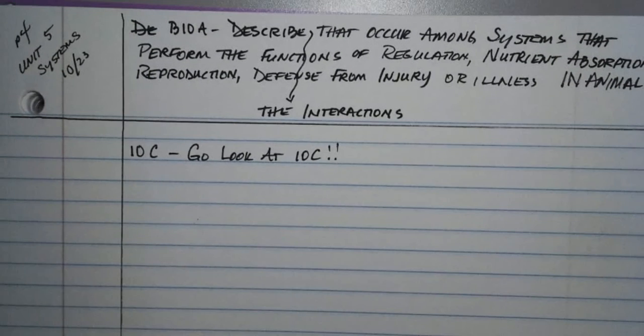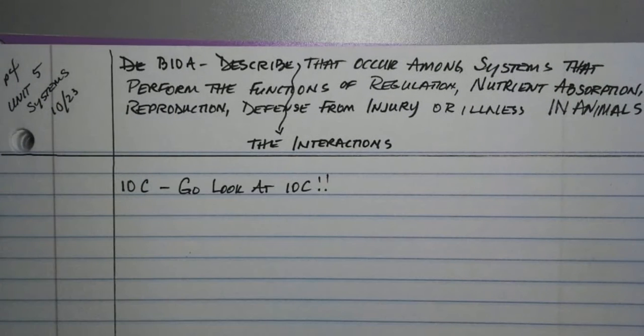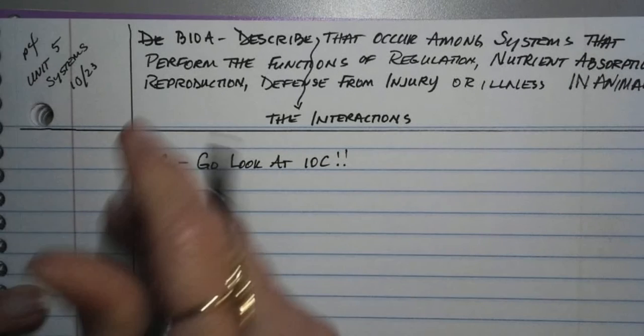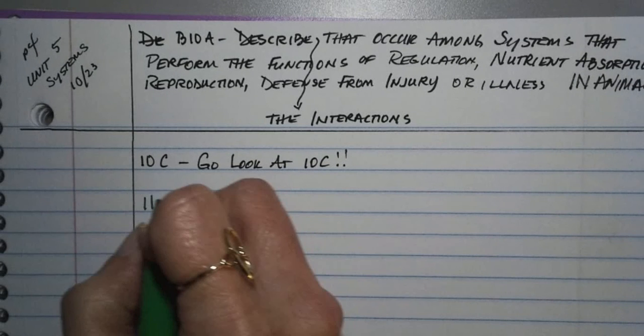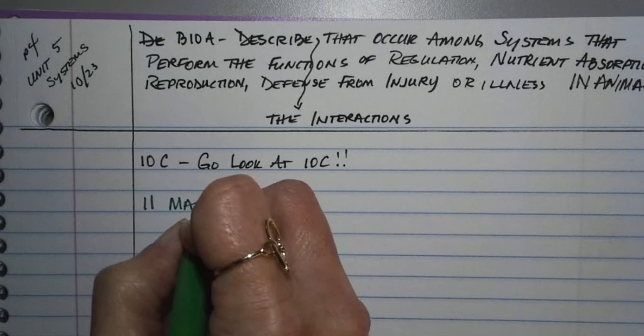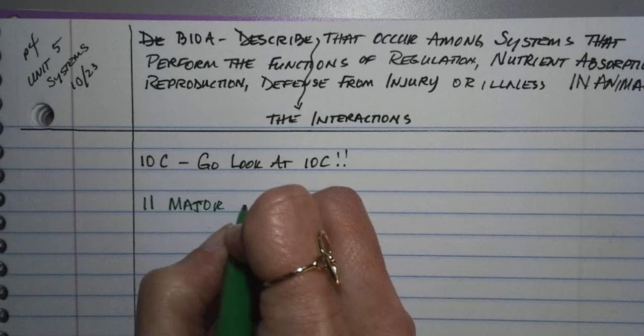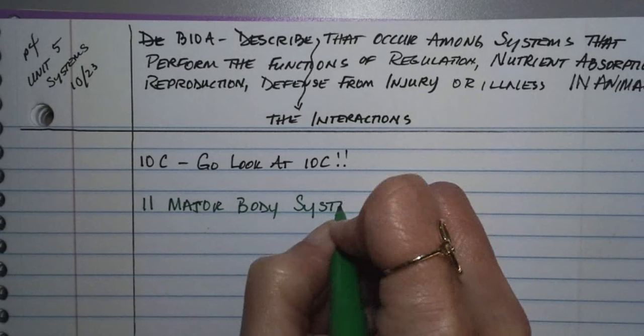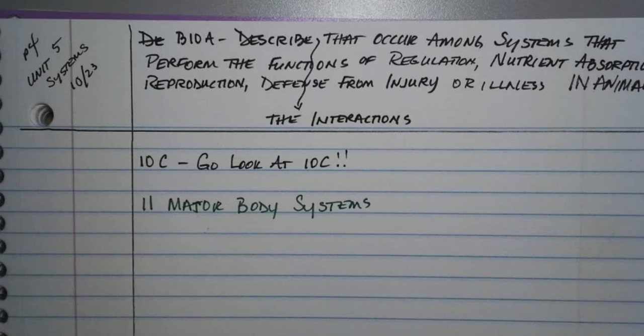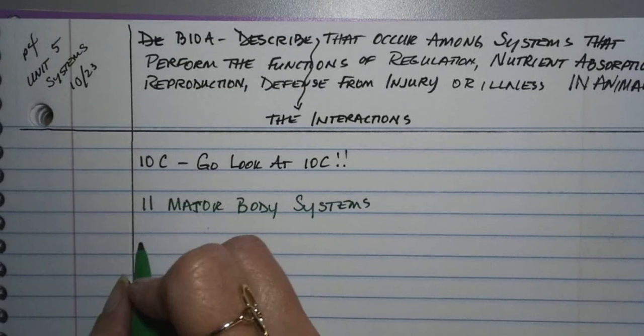So there are 11 major body systems. I'm going to grab a different color here. You should be able to list those off and tell me what the function is. I typically do them in alphabetical order. So there's a C, and I'm going to skip lines here.